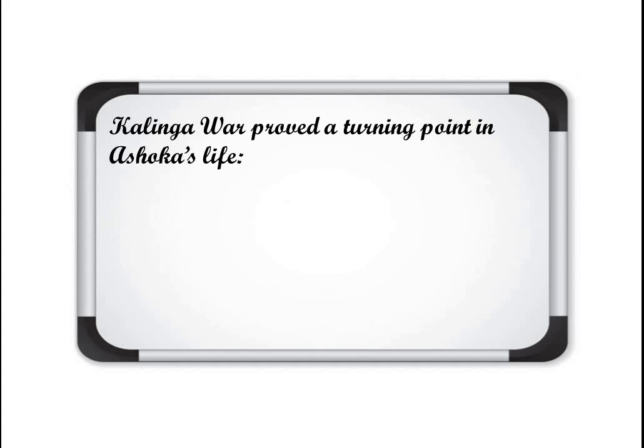After that war, Ashoka saw the people who were dead and the huge destruction made by the Kalinga war, and that made him disappointed. Due to that, he gave up war.